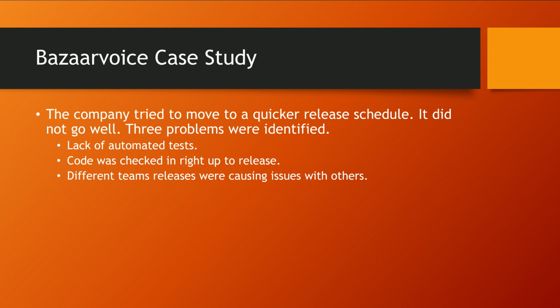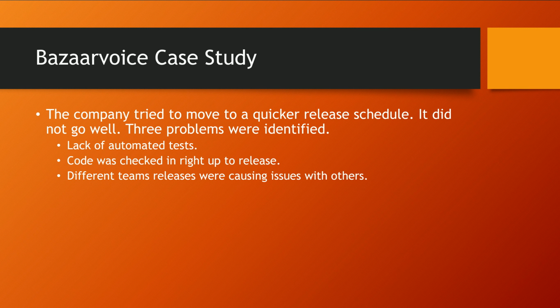Bazaarvoice case study. The company tried to move to a quicker release schedule. However, at first it did not go well. When they first moved to a two-week release schedule, there were 44 or so customer service complaints, and management was not happy.